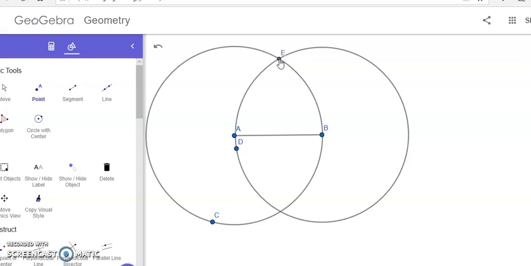And now I am going to draw line segments through the points A and E, and also from B and E, like this. So now we got a triangle here, isn't it? Yes, the triangle that we got is called AEB, isn't it?